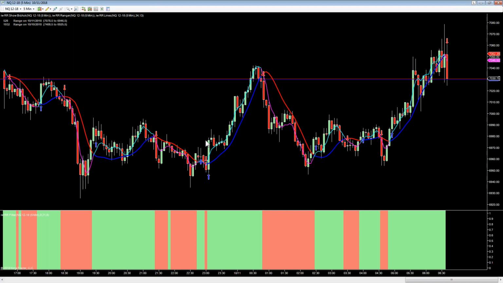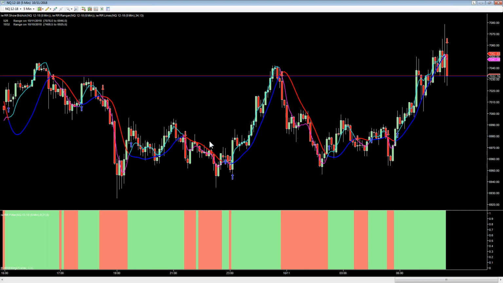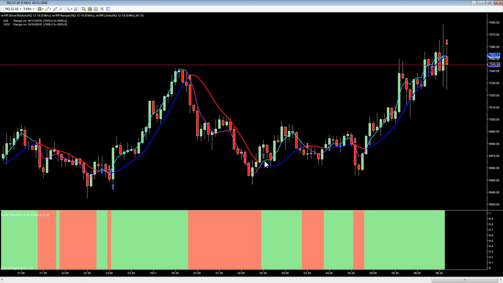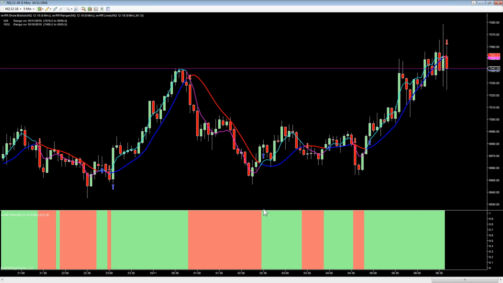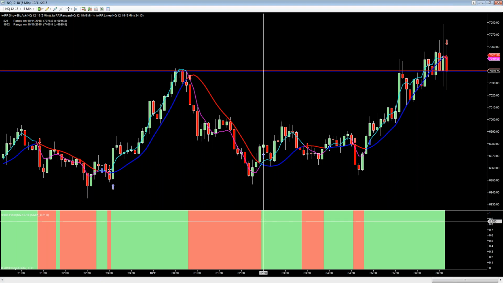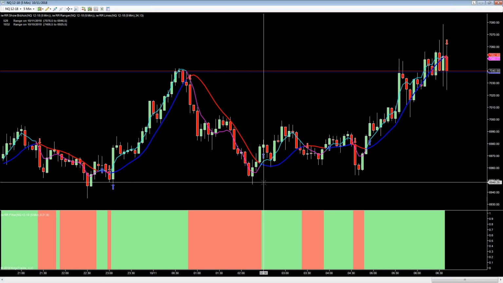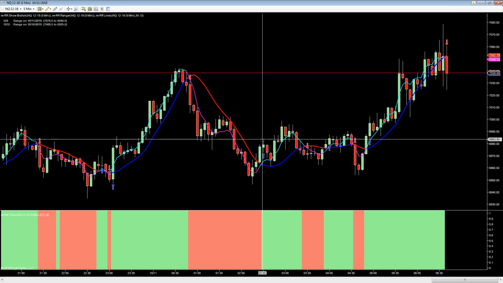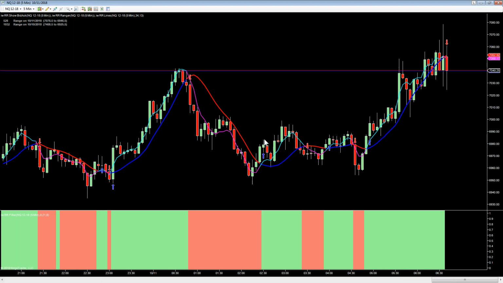So for instance here, let me enlarge this a little bit. So here we produce a buy signal, right? We want to make sure that the filter is also in sync, which it seems to be. Generally, what I would be looking for is a break above the signal bar.